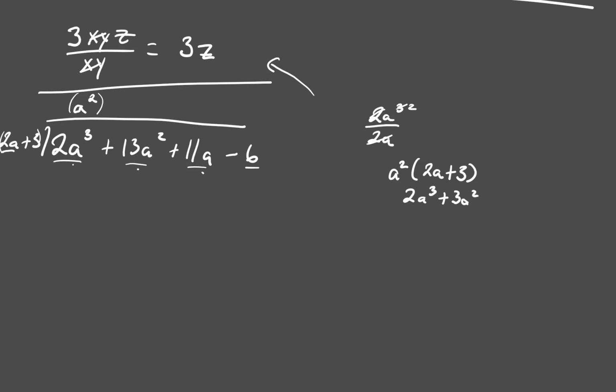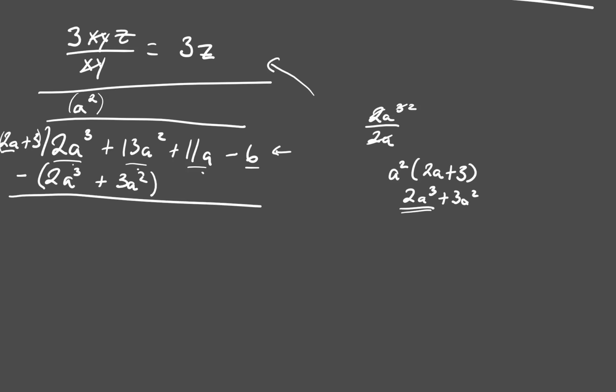And what happens is I take away exactly that first term every time, is what should happen. So I have this 2a cubed plus the 3a squared.